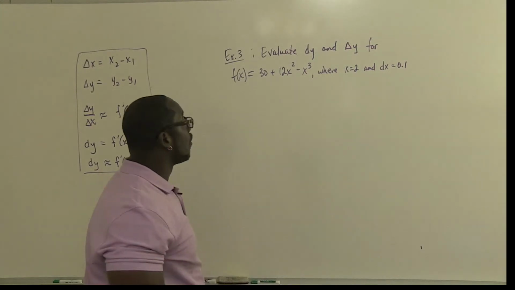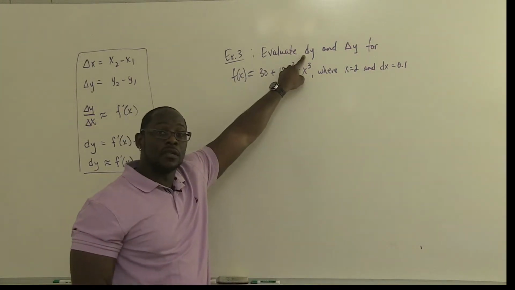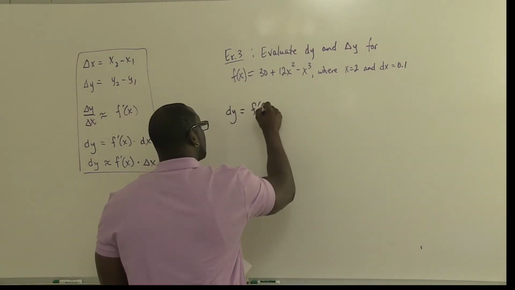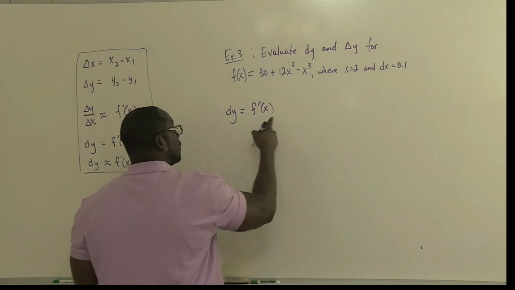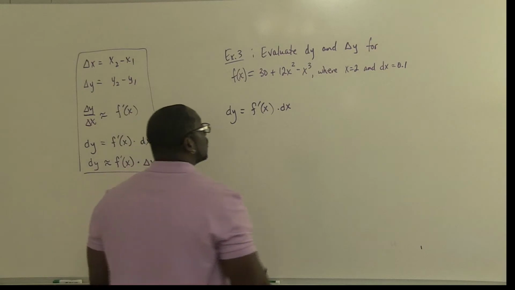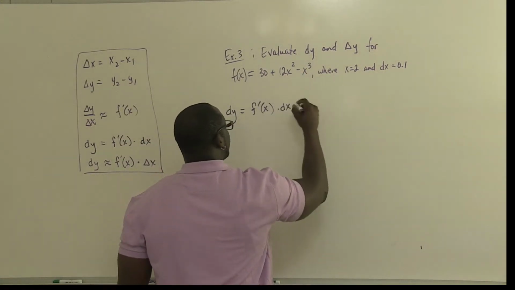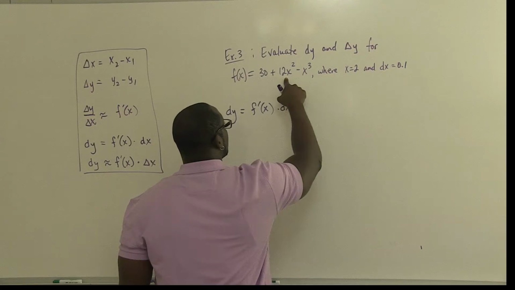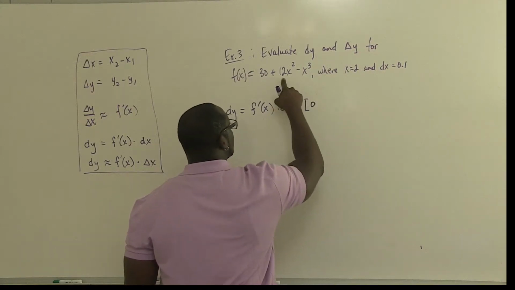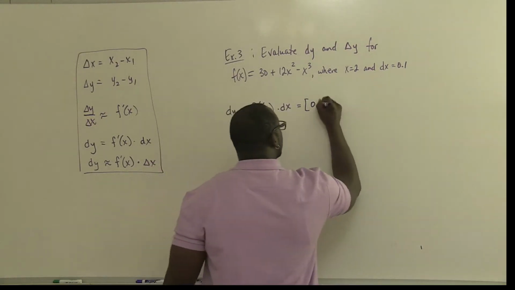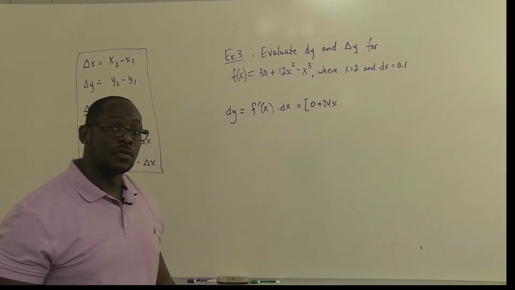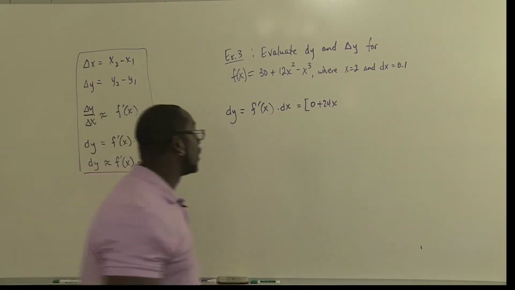So we're going to start off by talking about the differential. We know that dy is equal to f prime of x times dx. If we take the derivative of f here, the derivative of 30 is just 0, the derivative of 12x squared is 24x, and the derivative of negative x cubed is negative 3x squared.